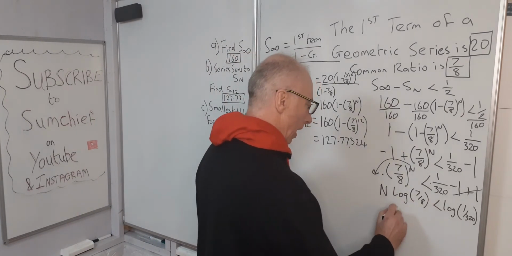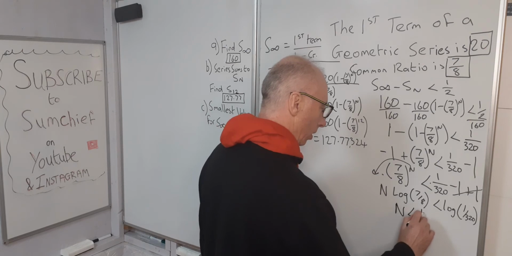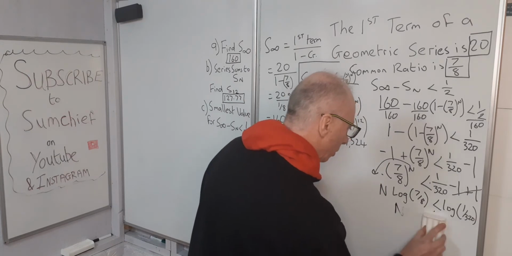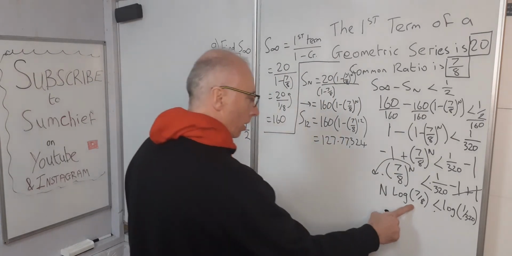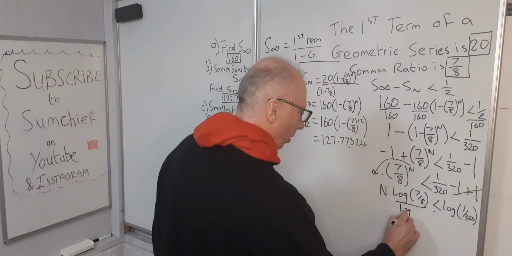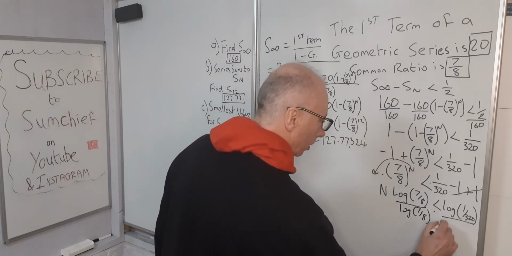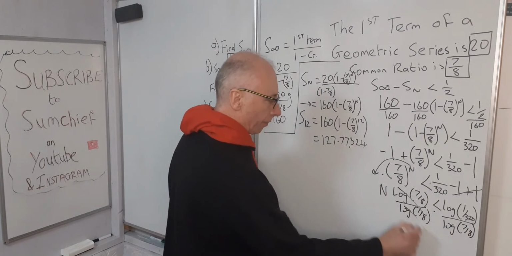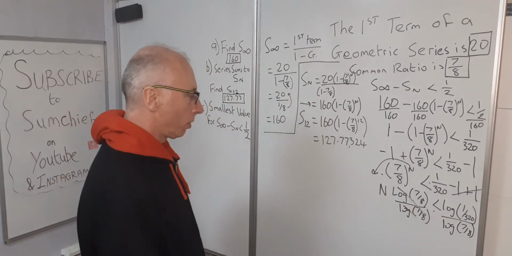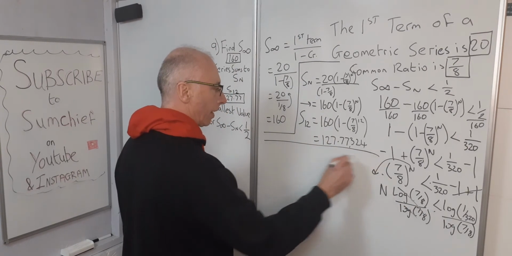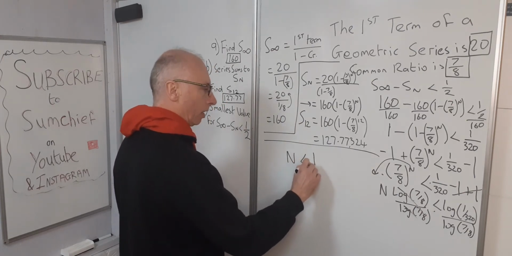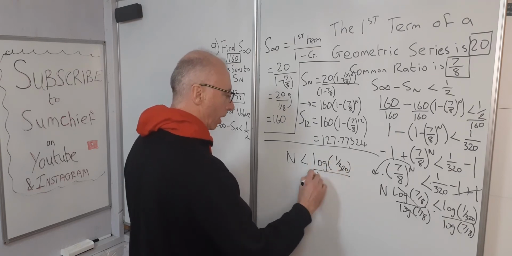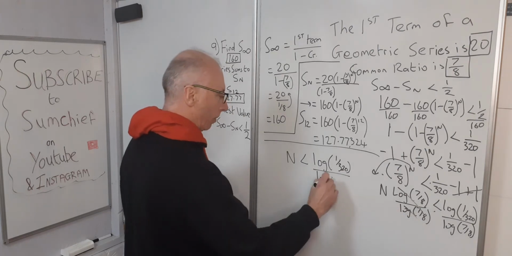So n is less than log 1 over 320 divided by log 7/8.